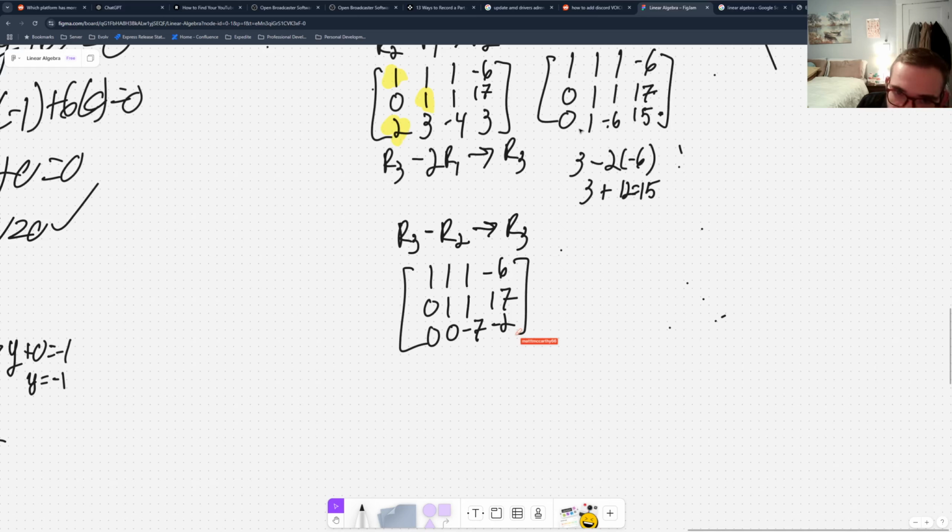And now we can do the scaling to get the ones. So the first 2 are all set, so we just need to scale the last one. Alright. So we could just do multiplying the entire row 3 by negative 1/7.